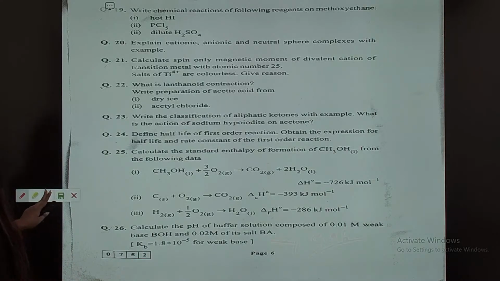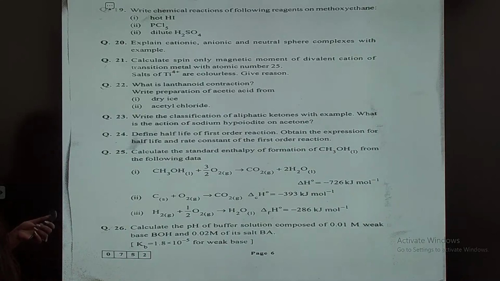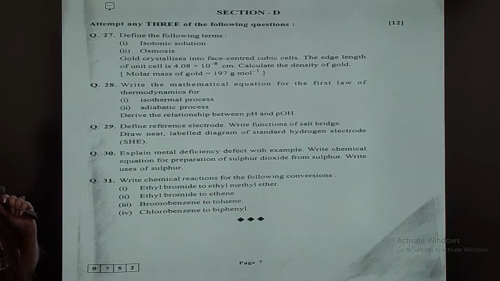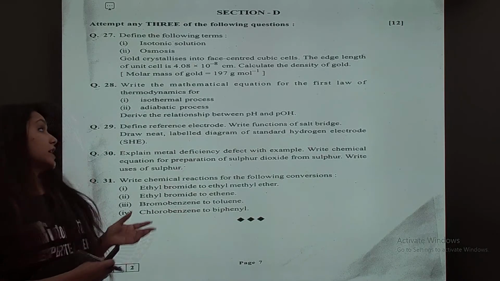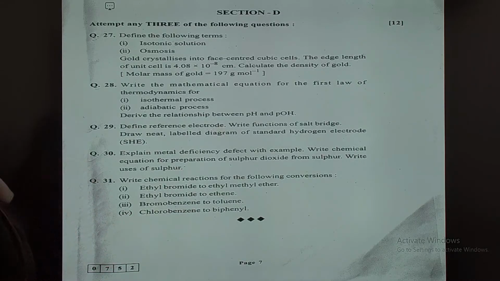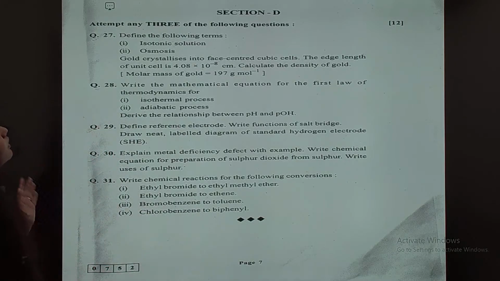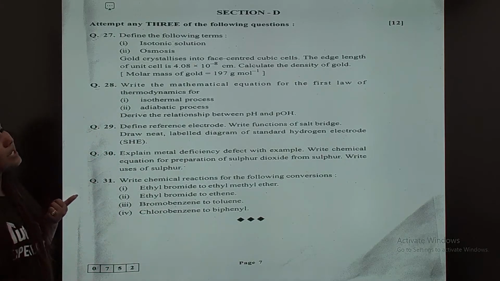Moving ahead, let's take the next page. Alright, let's take the second last page, sorry, question number 27, everyone on the screen. The first question is, write or define the following terms. Number one, isotonic solutions.